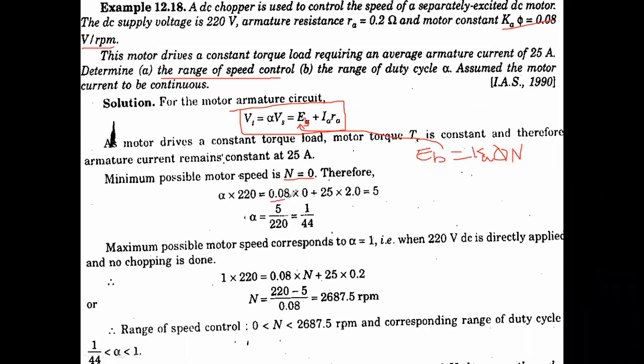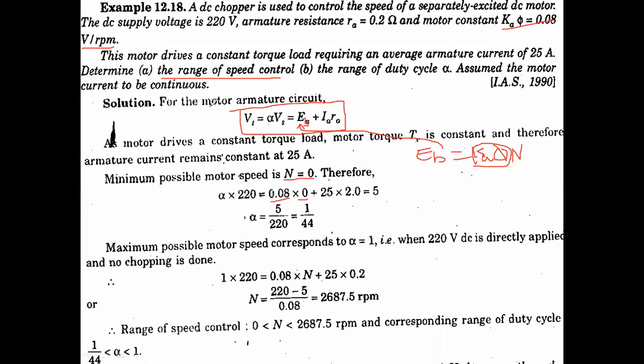So Ka phi is 0.08, into the speed, and the minimum possible speed is 0, so it is substituted here.